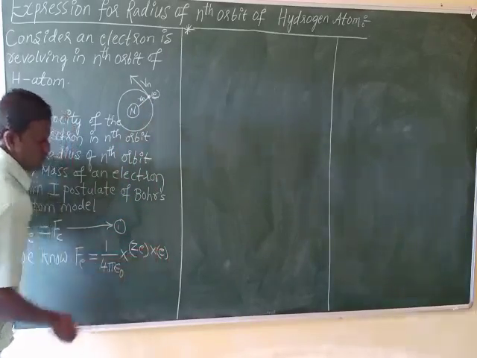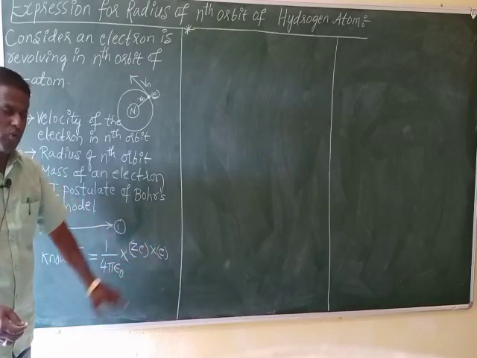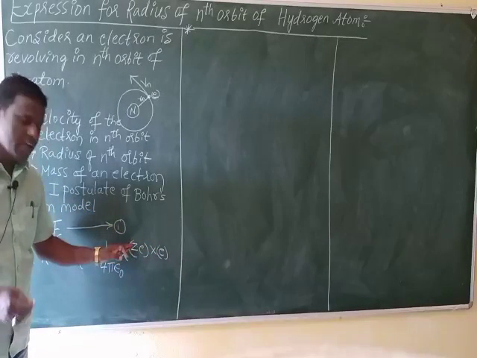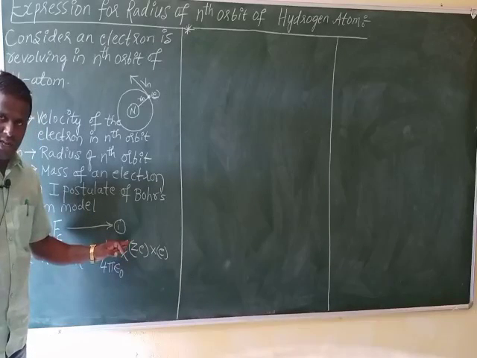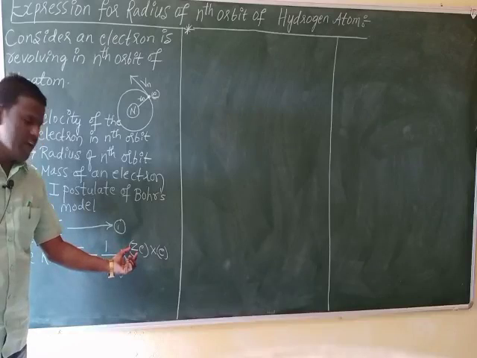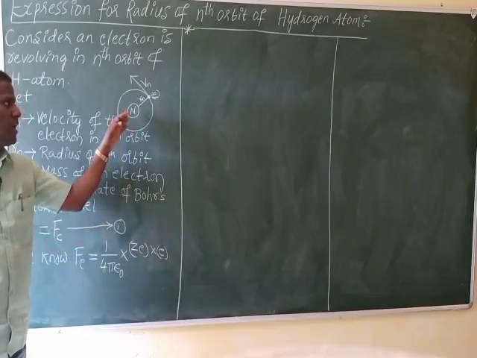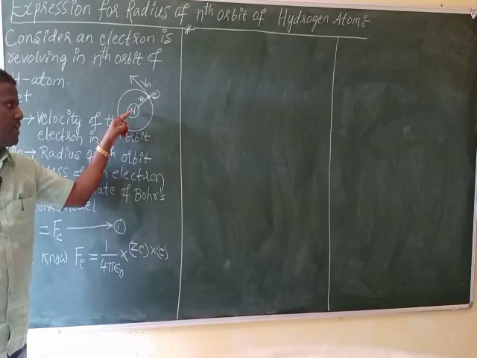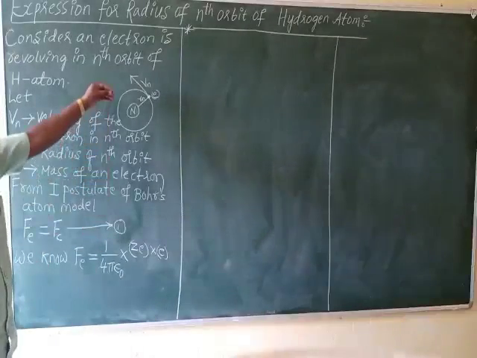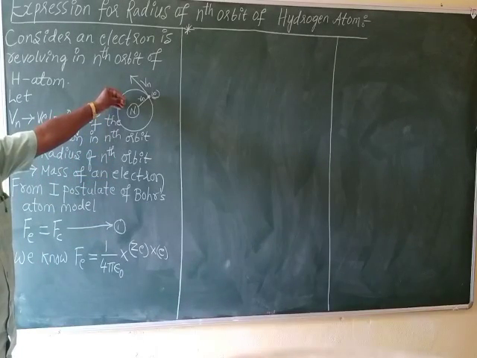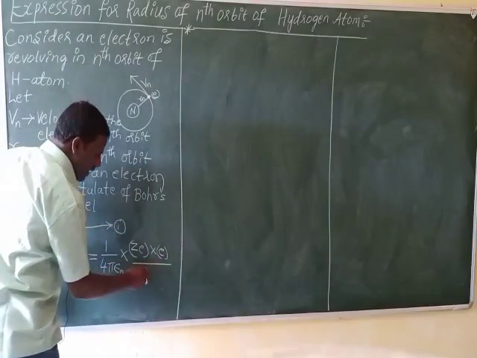It is negative, but for the time being you can take it as positive. Z is the atomic number, or number of protons. Here Ze represents the charge of all the protons. In the nucleus, protons and neutrons are present. Neutrons do not have any charge, protons do. Therefore the charge of the nucleus is Ze.